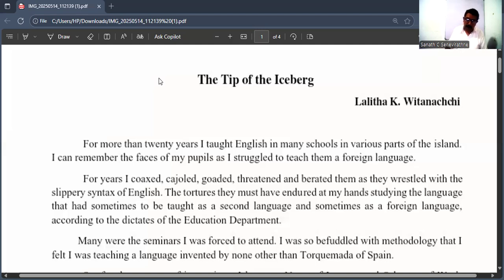Of course, English language was slippery syntax to them, which means they could understand nothing.